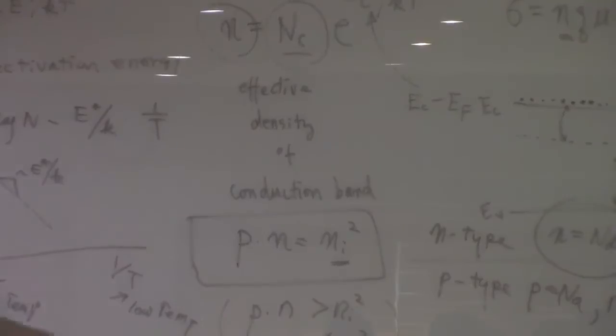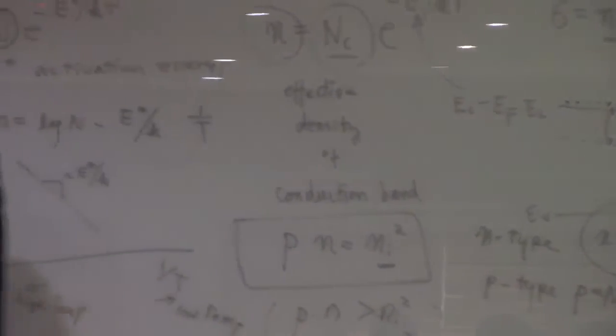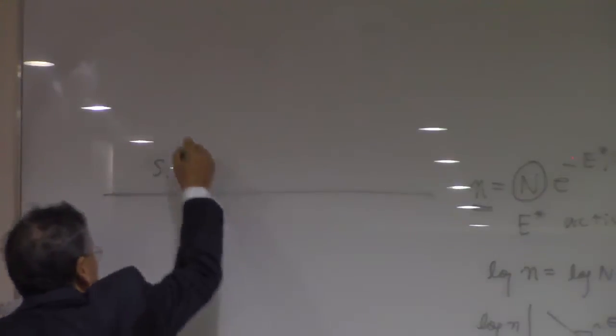So what are typical semiconductors? I think this table summarizes everything currently known as important semiconductors, like silicon. It's in the text.